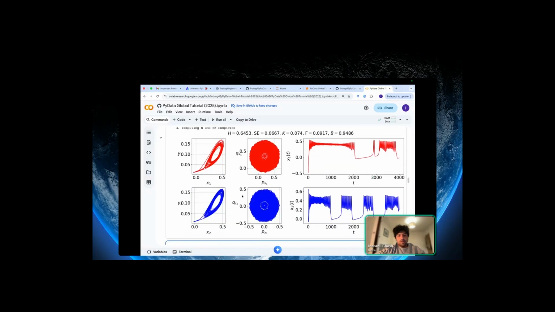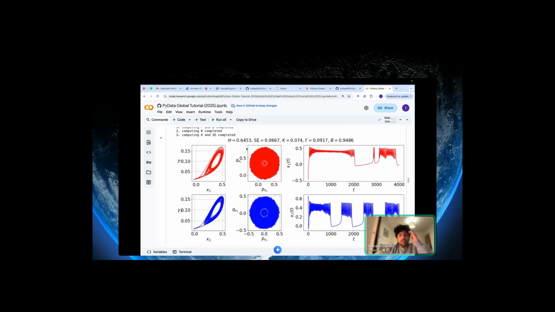So it has completed that. Keep in mind that the signal is being propagated from neuron 1 to neuron 2, and as you can see here, the behavior across the two neurons is quite different. Here the Hurst exponent is quite big.